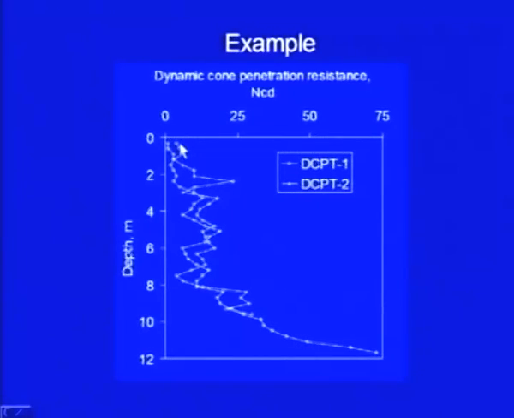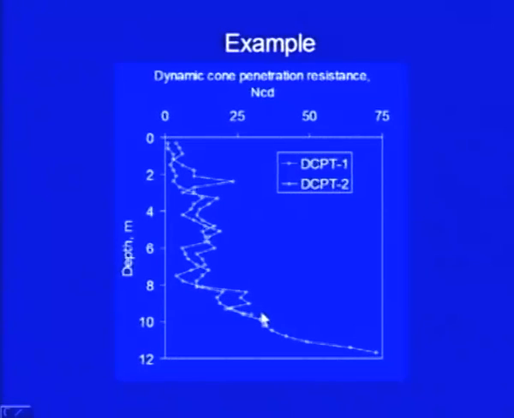The second test, which was done in the vicinity of the first test, was also having this kind of trend, but it was not having a large value at this particular place. So, you can see both the tests are following a similar pattern.